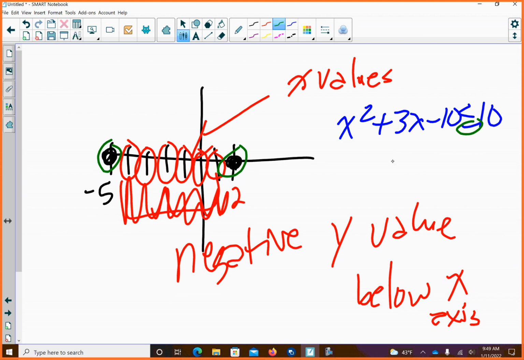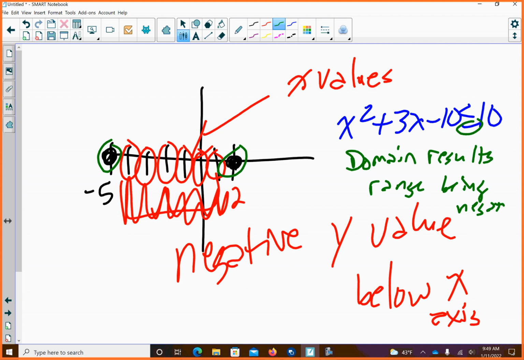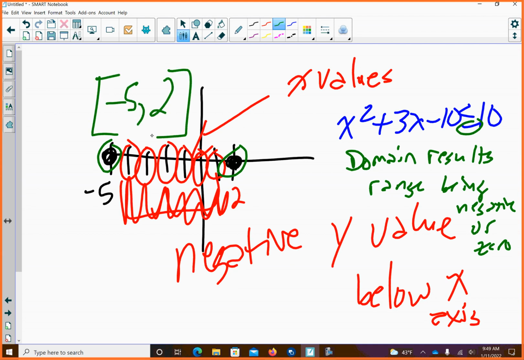So how you're going to label this is you're going to say, as far as the domain goes, domain results in range being negative or 0, we would say square bracket -5 to square bracket 2. The square brackets mean that I'm including those endpoints.